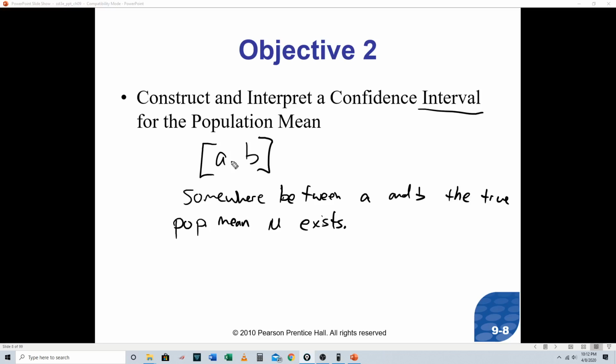So we're going to basically create an interval in which we have some level of confidence, 90, 95, 99% confidence, that the true mean is in between those two numbers. Okay, so with that, we have a lower bound, which is a. So a is our lower bound.